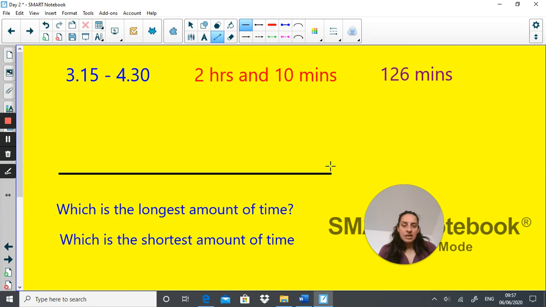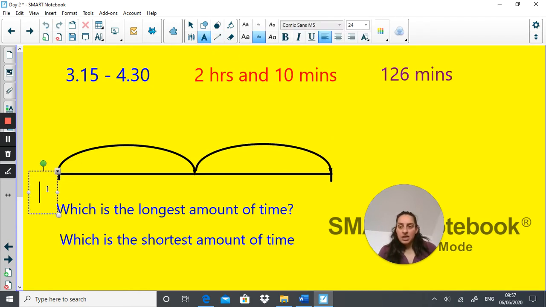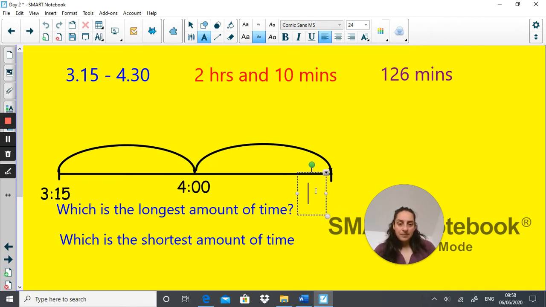Here's my number line. For 3:15 to 4:30, I would do a few jumps from 3:15 to 4 o'clock, and then 4 o'clock to 4:30. So this would be 3:15, this would be 4 o'clock, and this would be 4:30.